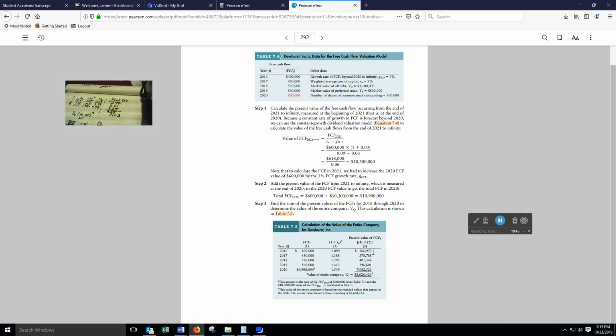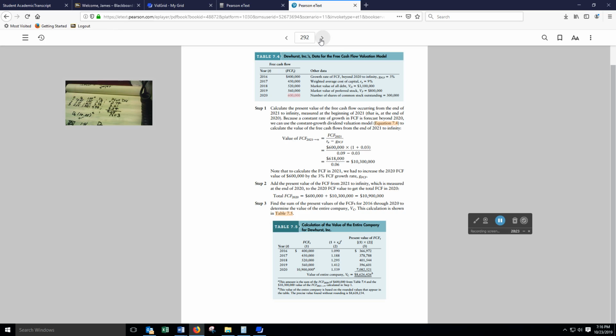Once we've calculated the present value of all the individual free cash flows year 1 through 4, then the present value of the 5th year's free cash flow, the $600,000, plus the present value of the year 5 valuation of the rest of the cash flows, we can add that up and get the value of the company.